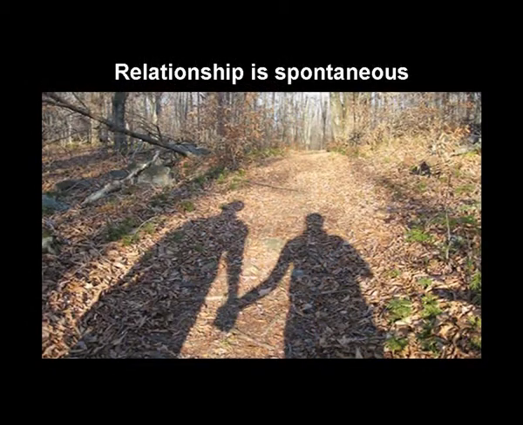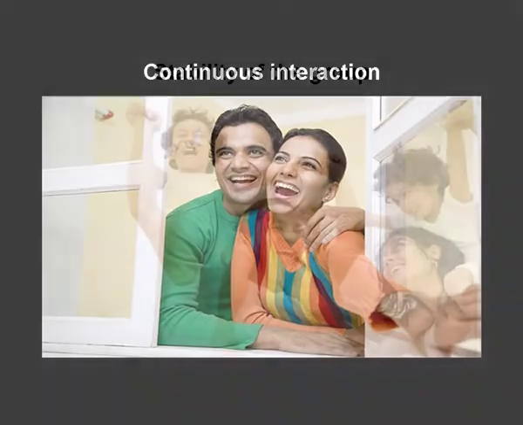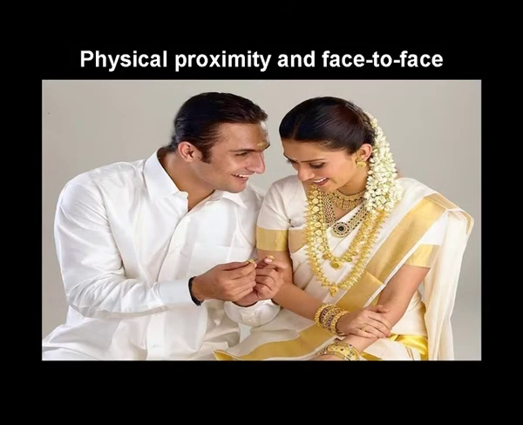Thirdly, the relationships are spontaneous. The fourth one is that the interaction within primary groups is continuous. The next point is that the stability of the group is considered to be very important. The sixth one is the physical proximity and face-to-face relationship we find within primary groups.